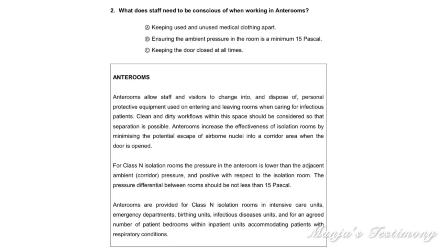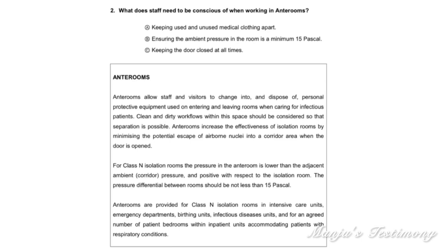The air particles from the anteroom should not travel from the anteroom to the outside, because we already said in the first paragraph that the anteroom is a place where clean and dirty workflow takes place, right? So it is already infected, not exactly like the isolation room, but it is infected because clean and dirty workflows take place.